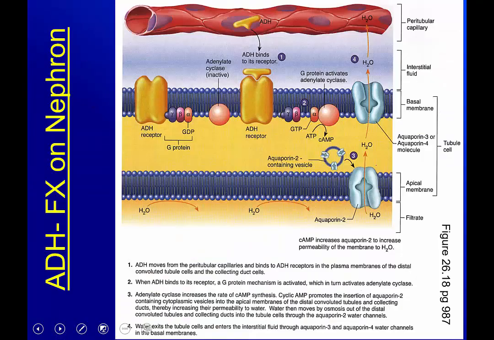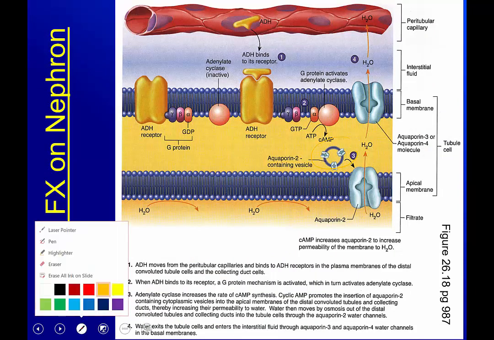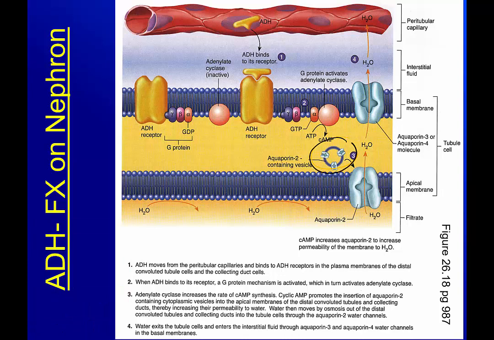So here is a vesicle. Here's a vesicle inside of my cell, inside of my kidney cell, inside of the walls of my distal convoluted tubule and my collecting duct. These are always around. But until I get the signal from antidiuretic hormone, this stays like this as a little vesicle with the aquaporin 2 channels sitting in it, and it never does anything.